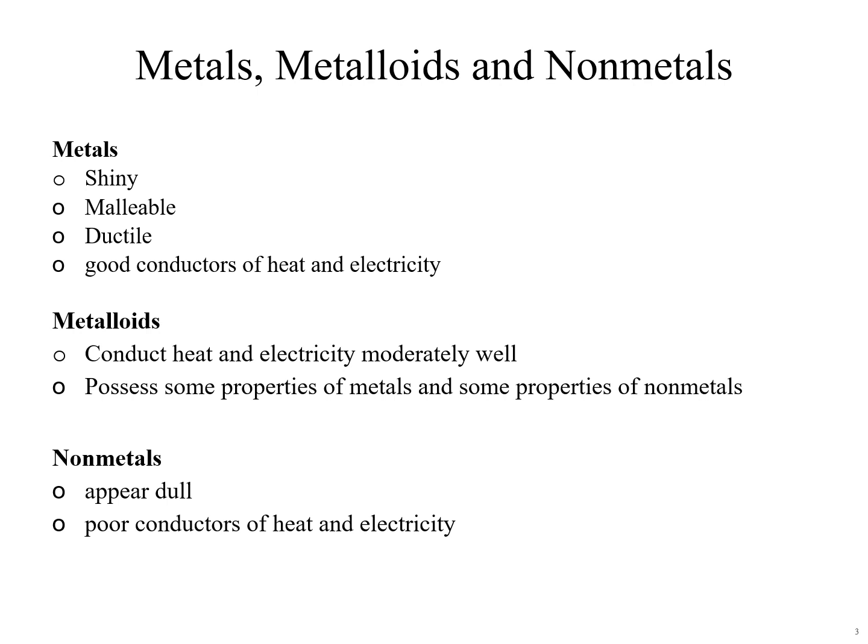The second category is the metalloids. The metalloids are going to be elements that share properties with the metals, and also with the third category, which is the nonmetals. They can conduct heat and electricity, but not as well as the metals, though better than the nonmetals, which is that third category.